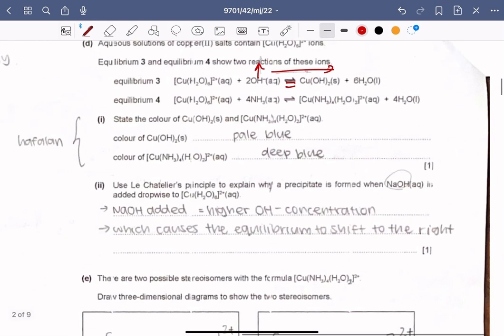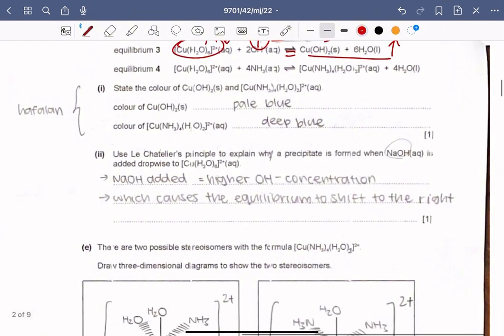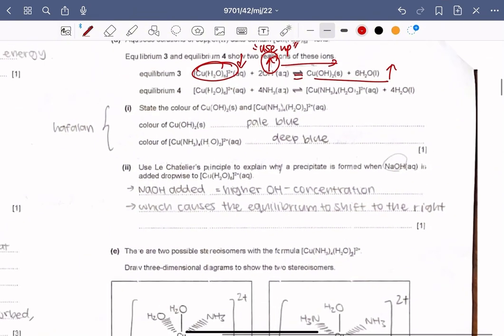We want to decrease and use up the OH- ion, so the yield of this increases and this decreases. Because this is a solid, that's why a precipitate is formed.